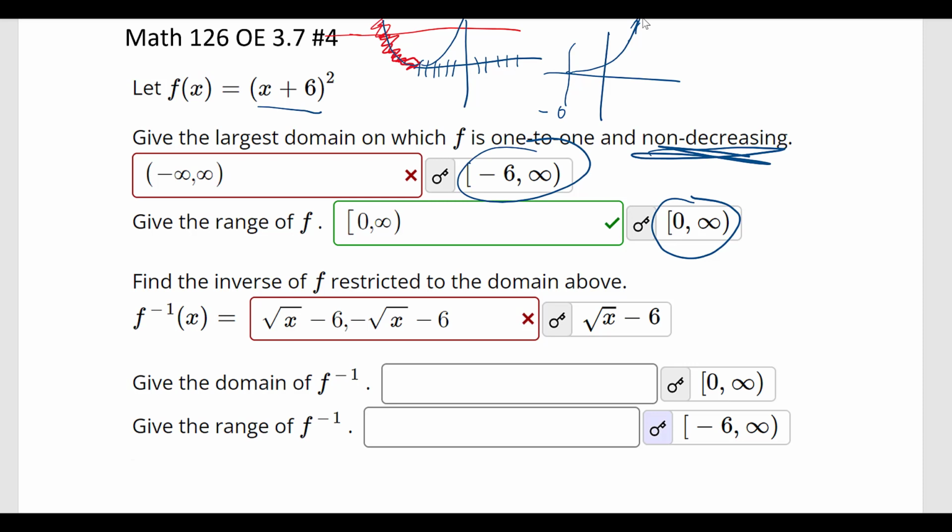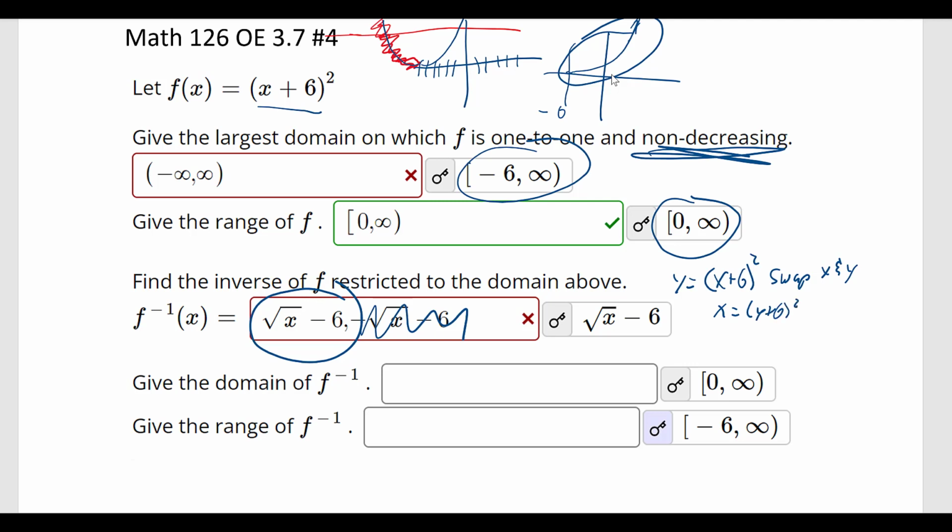So to find the inverse of f, restricted to the domain above, we're looking at this side over here. And so really, this is not it. It's just this part right here. But we would say (x plus 6) squared, and y equals that. And then the way I do it, I swap x and y so that x equals (y plus 6) squared.